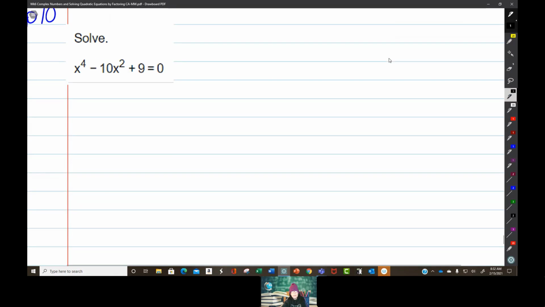Now, finally, we're going to use U substitution. Okay, 4 is 2 times 2, so that means I use U substitution. U equals x squared, and U squared equals x squared squared, which is x to the 4th.